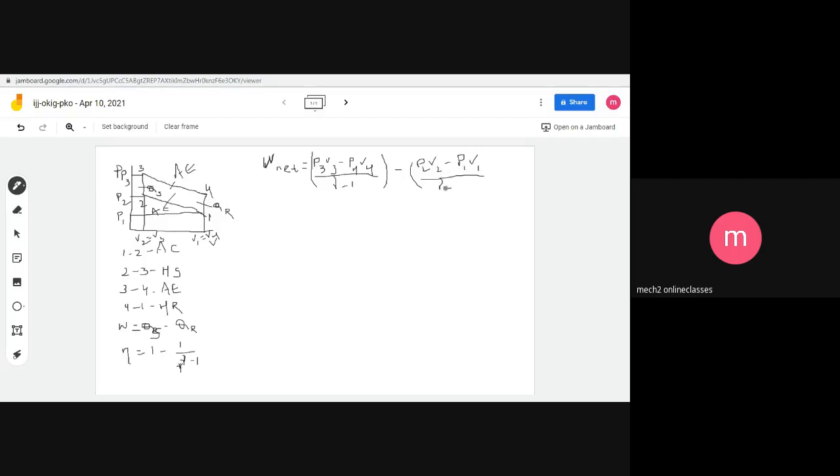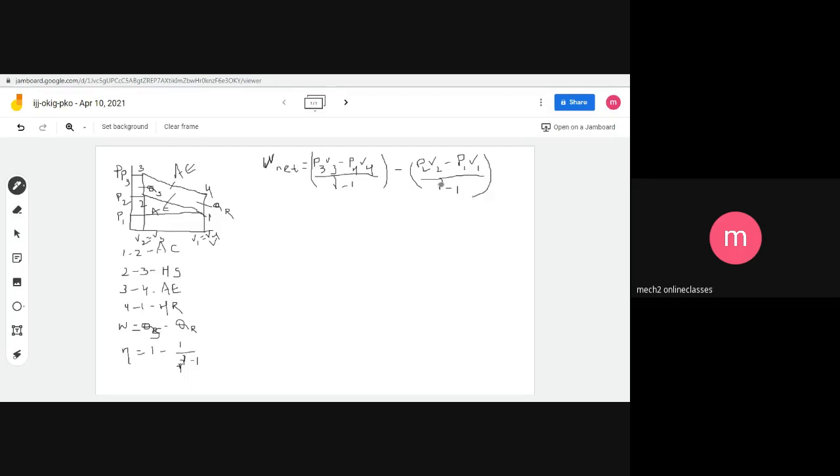So gamma is what? Gamma is the symbol for adiabatic. Isentropic adiabatic compression and expansion will take gamma. So P2 V2 minus P1 V1 by gamma minus 1.